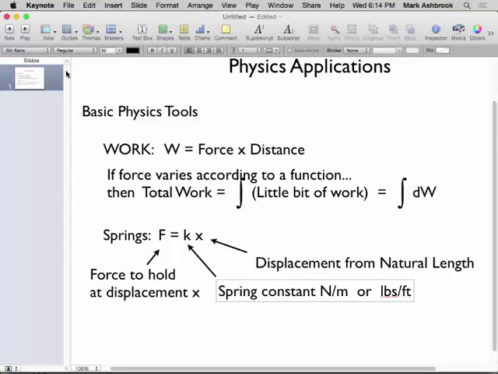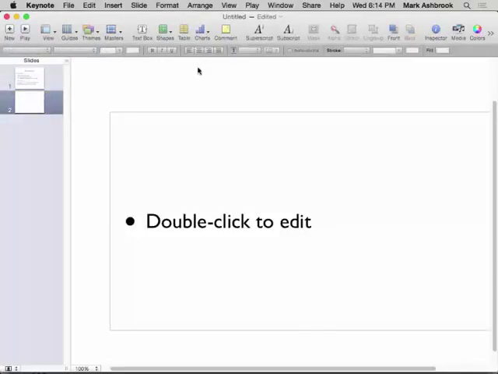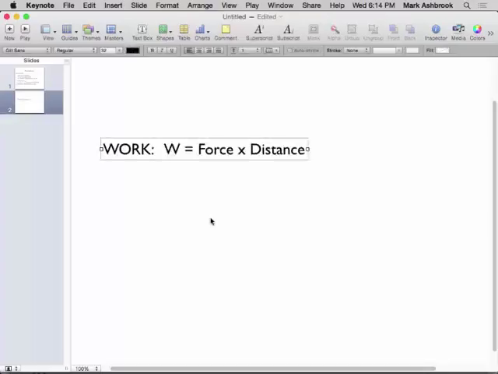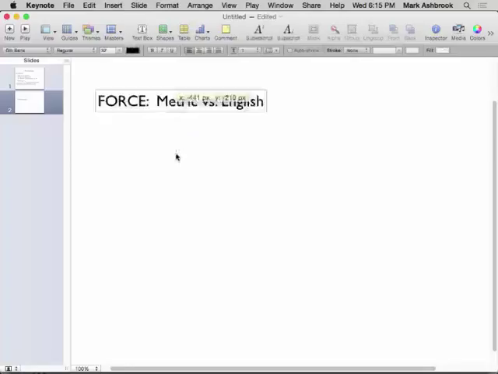Okay, next, let's talk about force, metric versus English system. Some of the problems you'll be given will be in the metric system, some will be in the English. Of course the units are all different, but there's also something different about the approach to these.